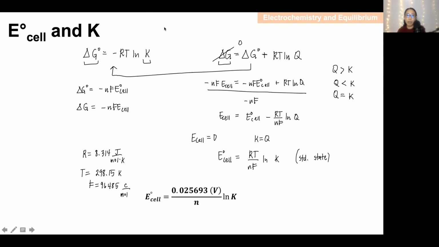So this is the simplified equation showing the relationship between standard cell potential and your equilibrium constant. Are you seeing the connection here? If your reaction is at equilibrium, cell potential is 0, but your standard cell potential is not equal to 0. And standard cell potential is connected to the equilibrium constant. A non-standard cell potential is not related to your equilibrium constant, but to your Q, or the reaction quotient. Okay?